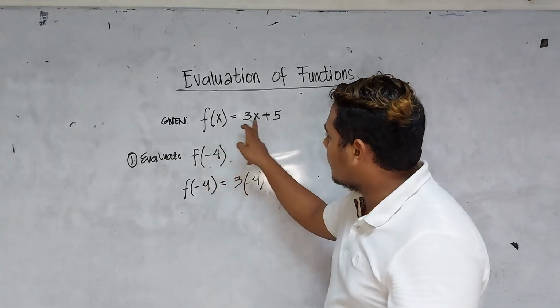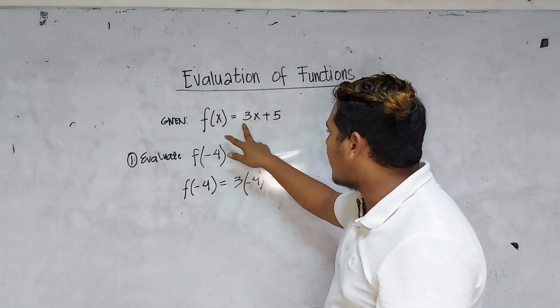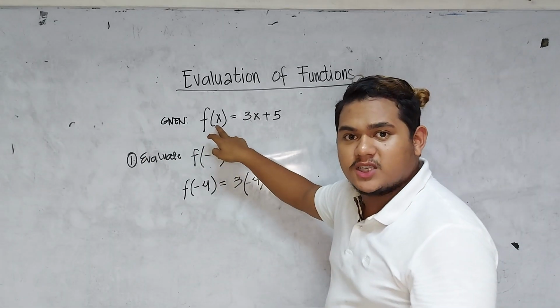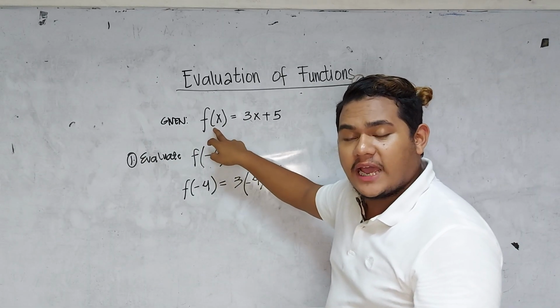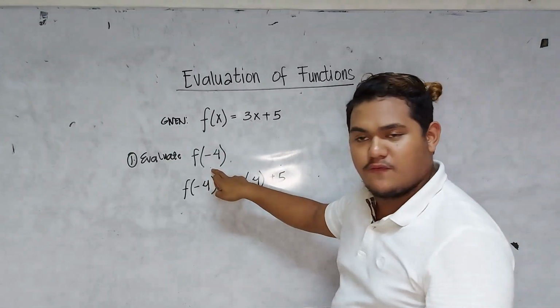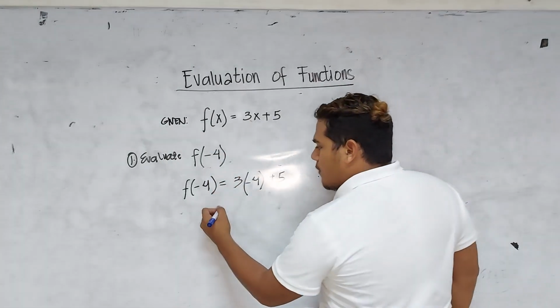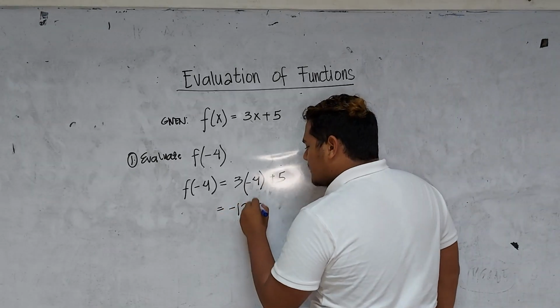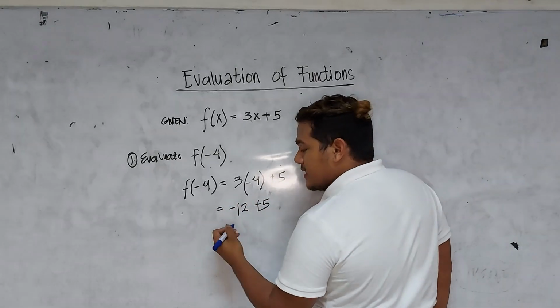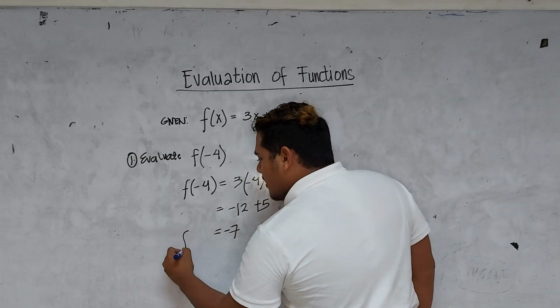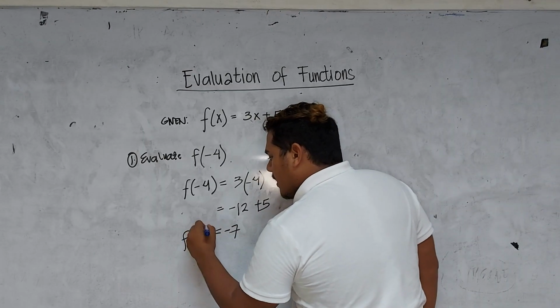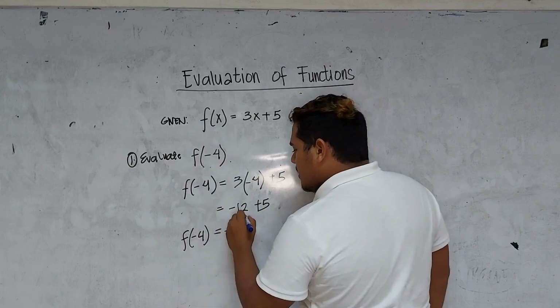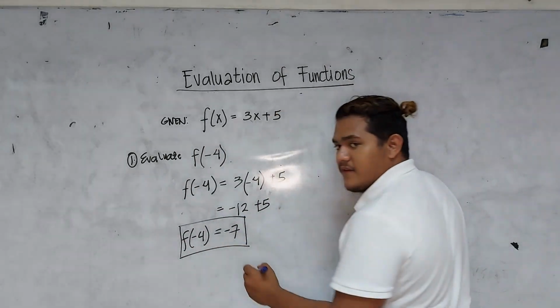All the x's here, we have f of x, we have 3x, all the x's here we substitute with the value that needs to be evaluated, which is negative 4. Then what is 3 times negative 4? Negative 12 plus 5. Negative 12 plus 5 is negative 7. Therefore, f of negative 4 in this given function is equal to negative 7.